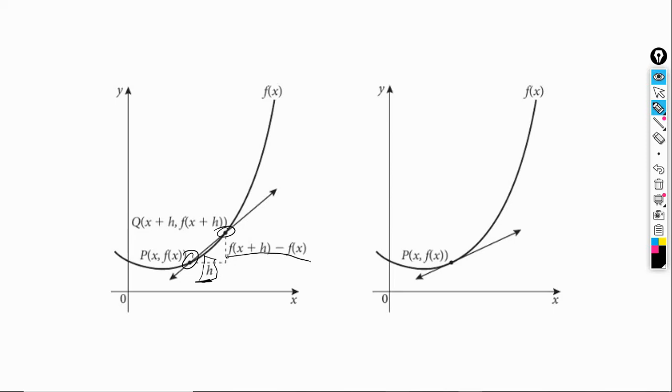Therefore, again, the slope of this line here would be f of x plus h minus f of x. That's the difference in y. And the difference in x, we don't have to write x2 minus x1. We just know that that difference is h.